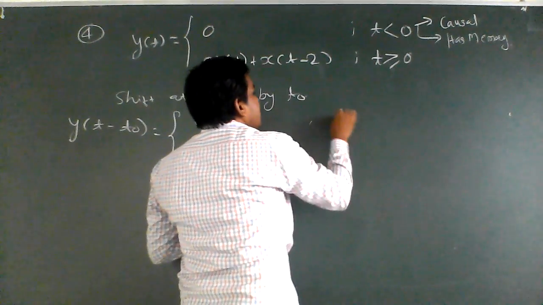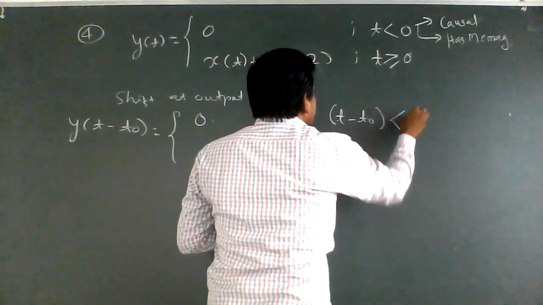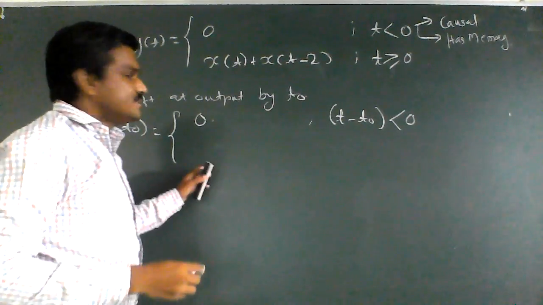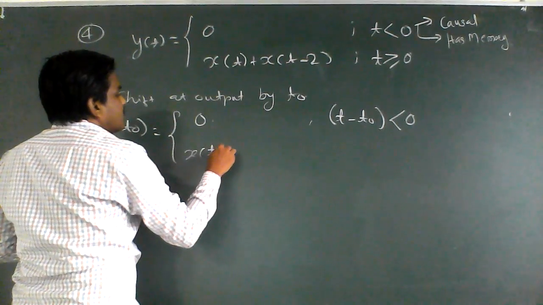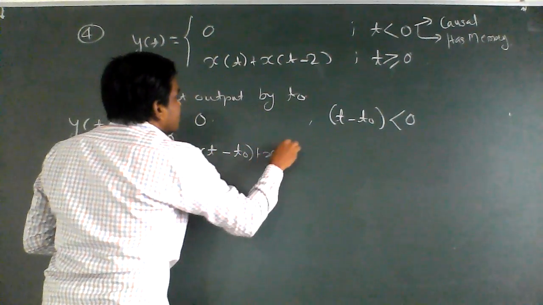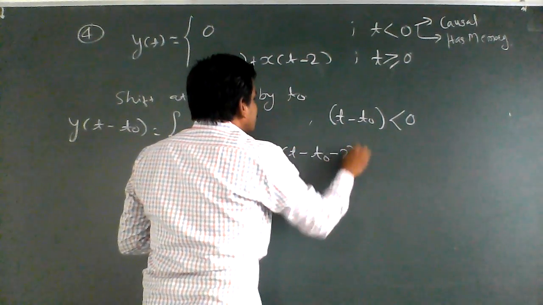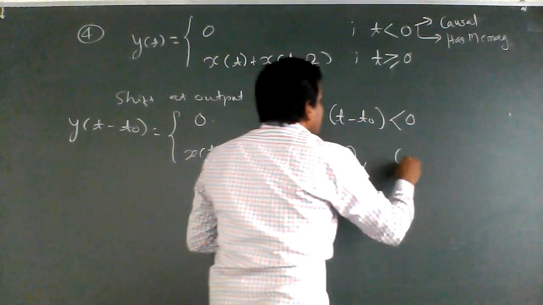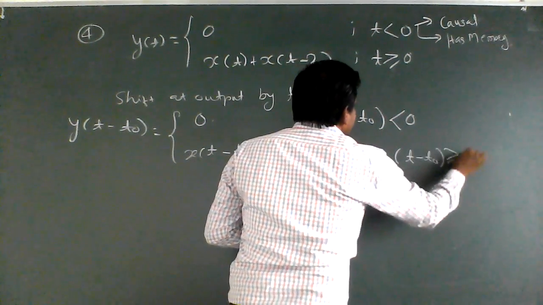And it is equal to x of t minus t0 plus x of t minus t0 minus 2 for t minus t0 greater than or equal to 0.